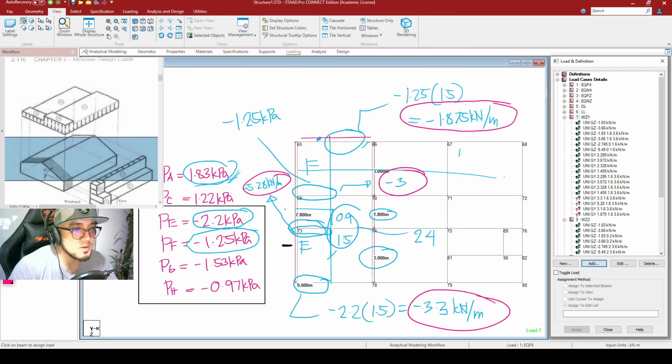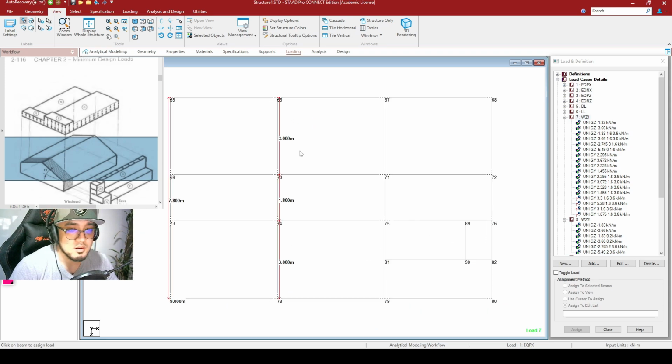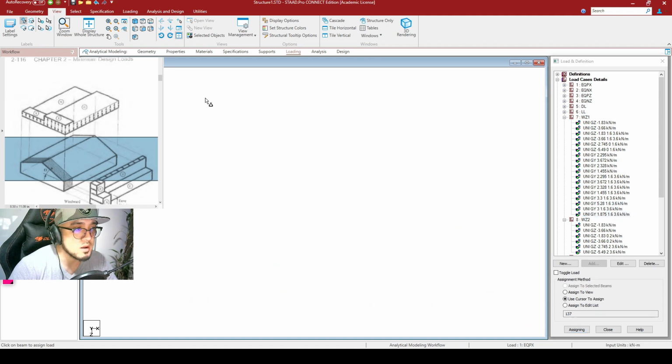Okay, so I would just be deleting everything right now. So for us to have a clear plan, I would just be assigning this. So assign cursor to assign. I would be assigning it here. Then I would be assigning this one right here to this one here, and this one here.